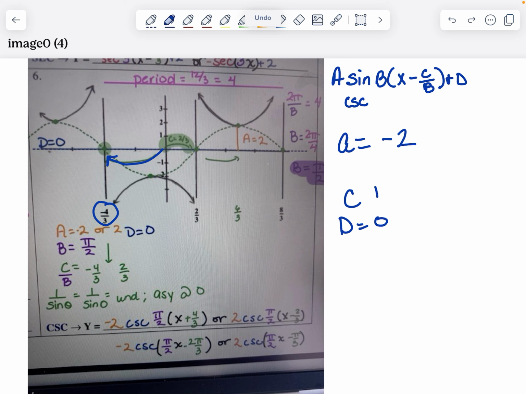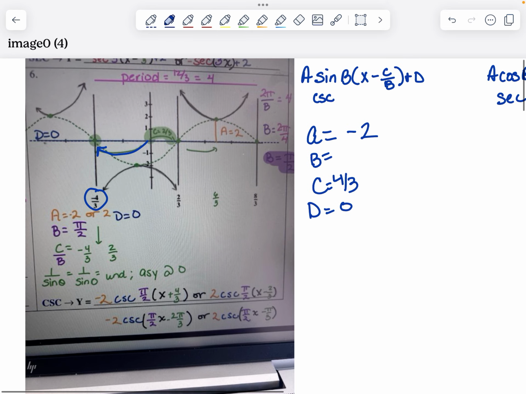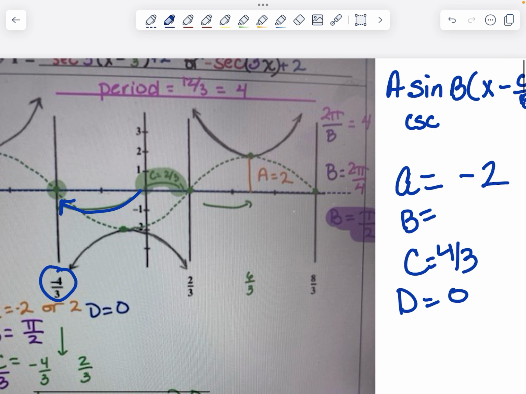Oops, I'm sorry, not 4 pi. Negative 4/3. We're going to say it's positive 4/3. No pi. I keep saying pi. All right. Now they want you to do over B for this. So we're going to do, oh, we didn't get our B yet. Sorry. So our B value is going to be based on the period. So just watch this.